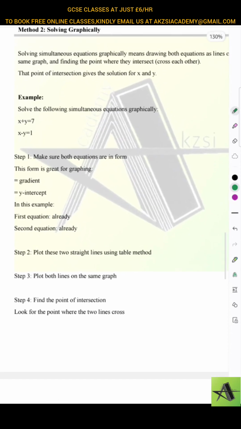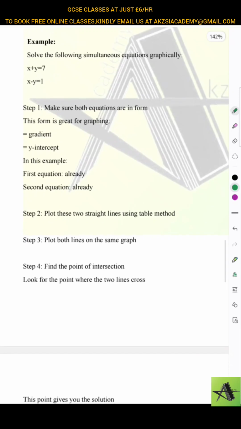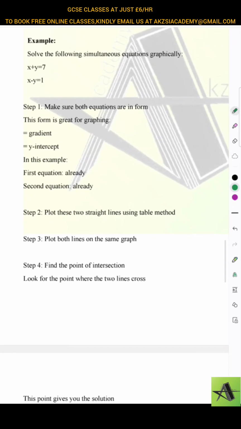So see these equations, which are x plus y equals 7 and x minus y equals 1. I assume you all know how to plot this, but still I'm showing you how you can plot this by the table method. I have one more method which is way simpler, but when we do that particular chapter, I'll explain that one.